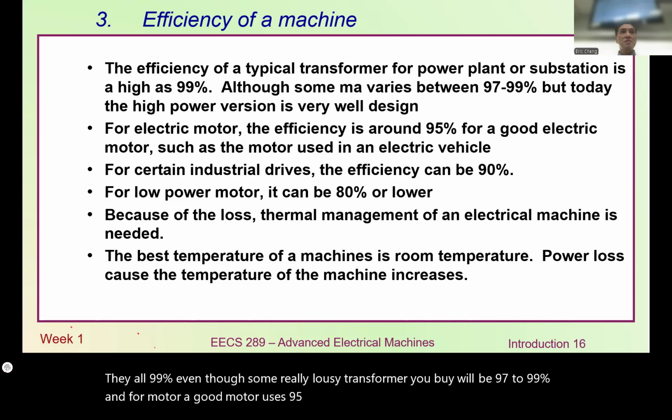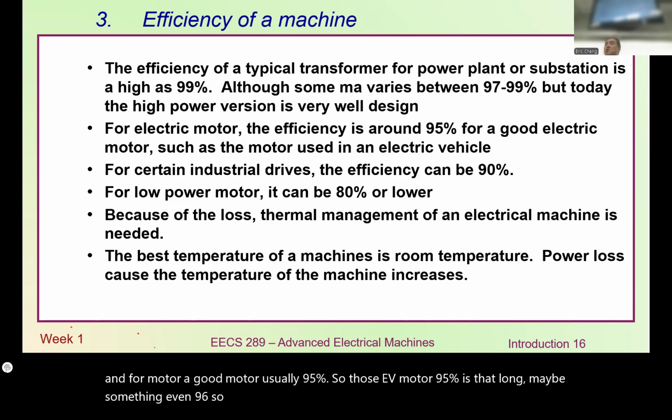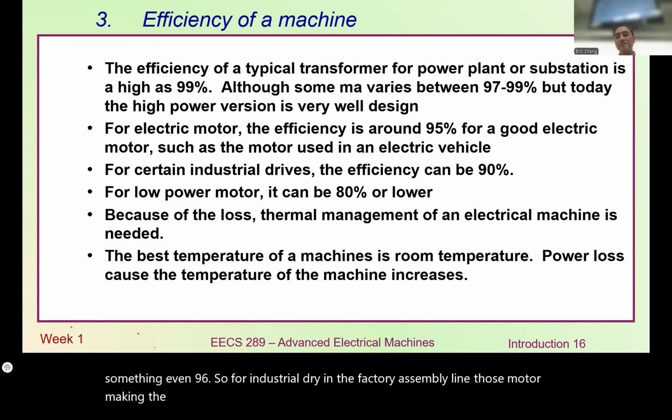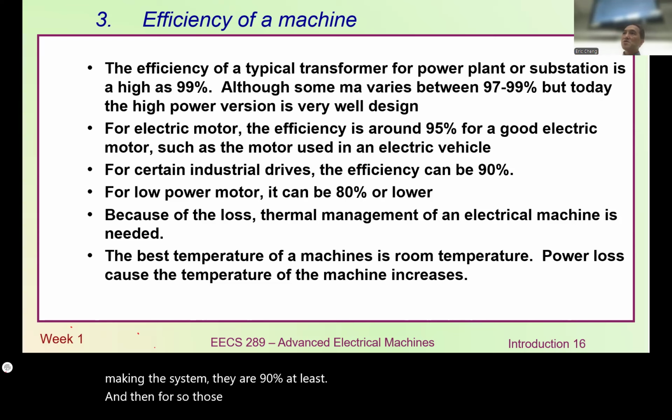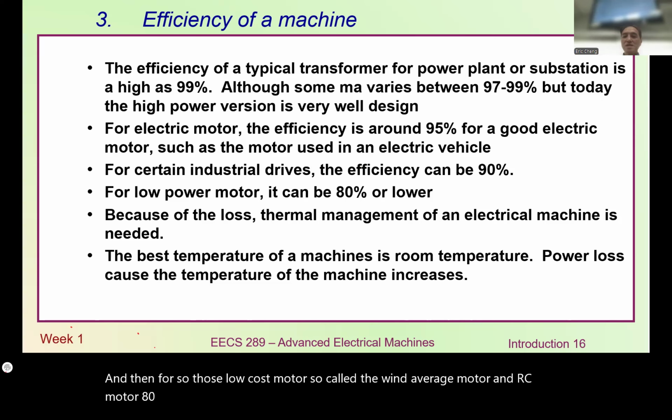Those EV motors, 95% is the low end, maybe some even 96. For industrial drives in factories and assembly lines, those motors are 90% at least. And for low-cost, really average motors, like RC motors, 80% could be.